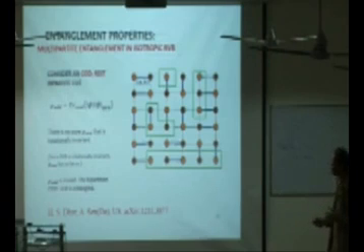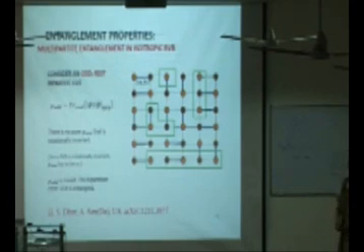And one can show, it's just a simple addition rule of angular momentum, that if you have an odd number of spin-half particles, then there is no quantum pure state of those particles. You cannot have a pure state of an odd number of spin-half particles. And so, this state cannot be pure.